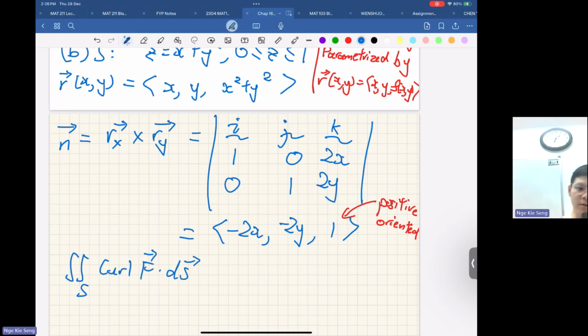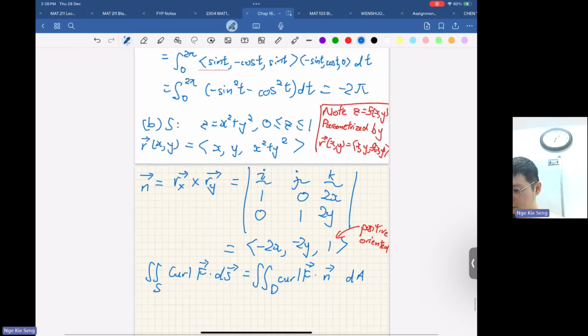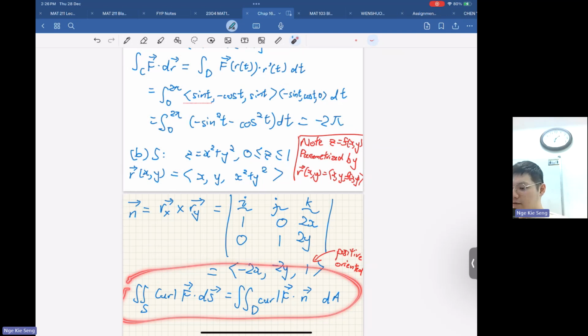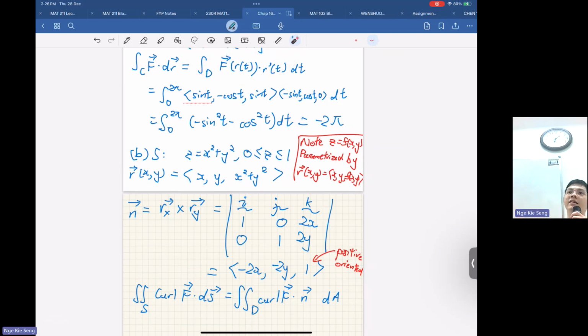So what does this become? I need to make the surface flat, so it becomes dA. But to do that, I have curl F dot with the normal vector. Compare the line integral and the surface integral. What is the similarity? Both of them live in 3D, so for the line, I need to reduce to one variable, and for the surface, I need to reduce to two variables.